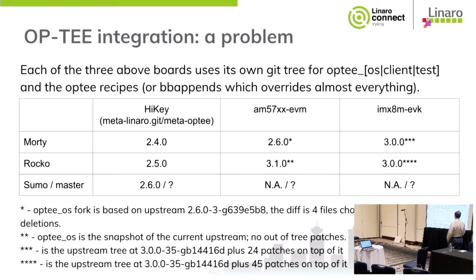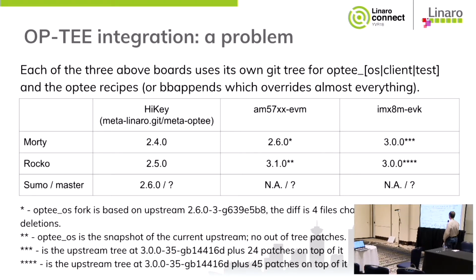And if we look at the vendors OpenMBG distros and check the Opti versions there, we will see that the situation varies depending on what vendor we are looking at. TI have Meta-Ihg distro, and for Moti they use 2.6.0.